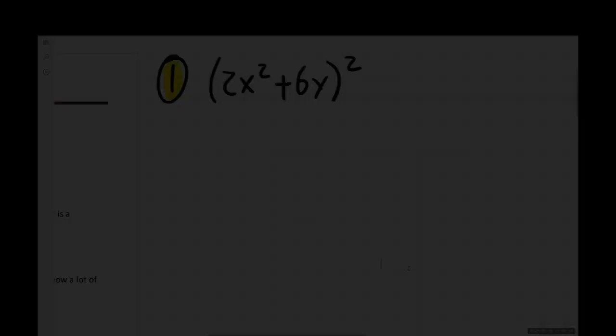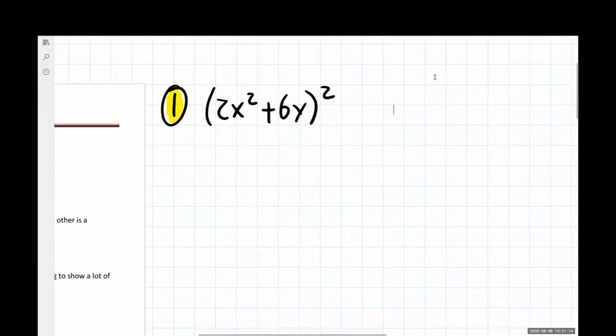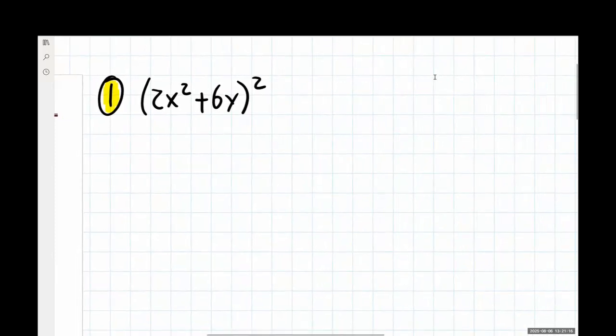Okay, so now I am starting with my first example, and I have the square of a sum. I have two things that are adding together inside a set of parentheses, and they are all being raised to the second power. So I can use the square of a sum property. I think it's very helpful, if you are going to use that property, to identify for yourself what is a and what is b.